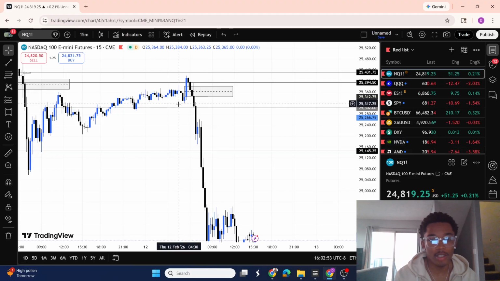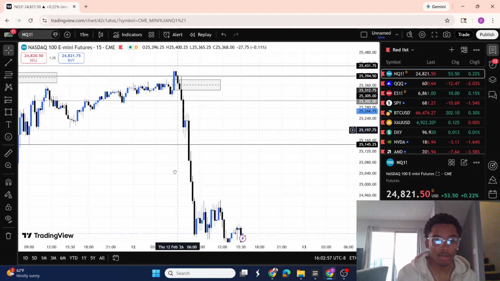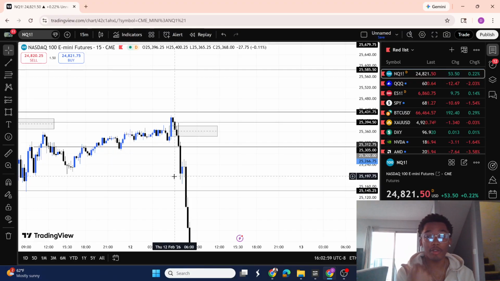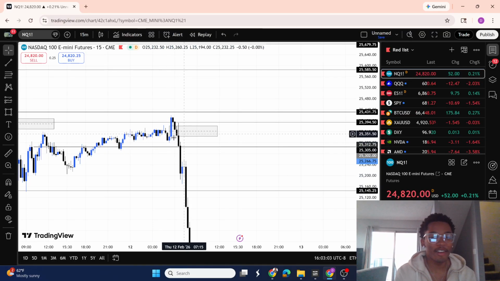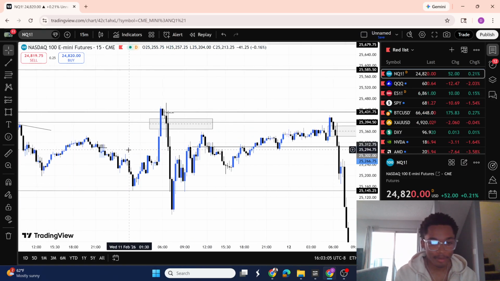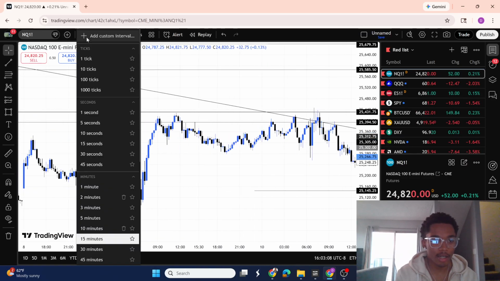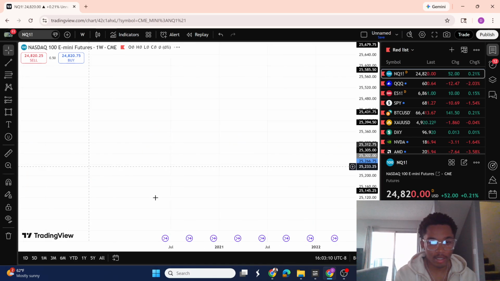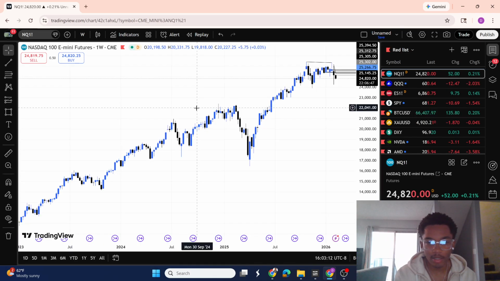And it broke structure. This is a strong confluence for a reversal in the different direction. So when you get an inverse fair value gap plus break of structure, you better believe it that we've changed direction. All right, let's find a couple more to the upside. This is probably one of the simplest concepts.